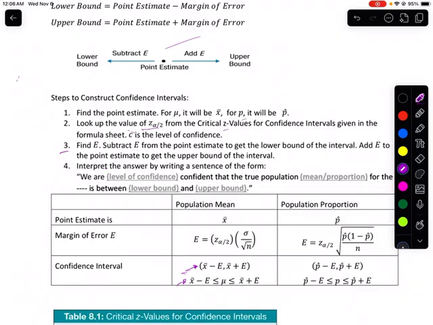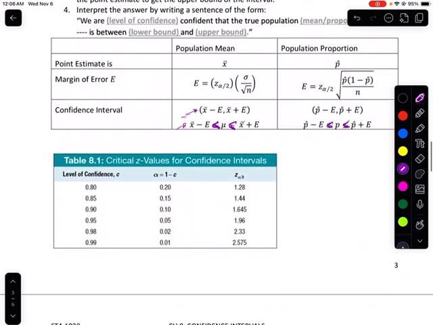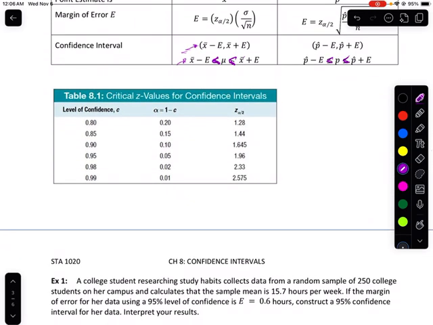Probably this was just less than, not equal to, and the same thing here. This is the critical values for confidence intervals, and then we have this little table 8.1. This is also given in the formula sheet.